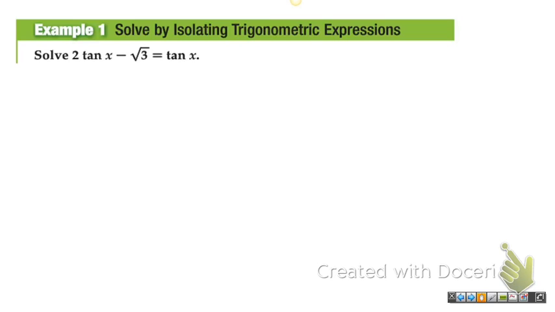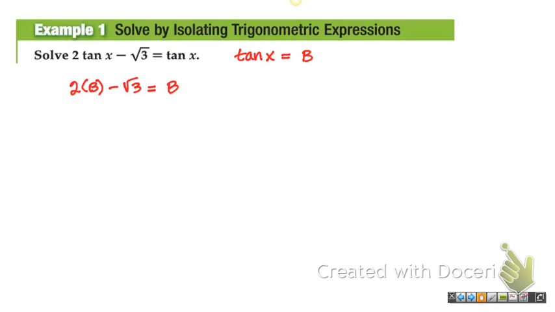So let's look at the first equation. It says solve 2 tangent x minus the square root of 3 equals tangent x. If I was doing this and it was just algebra, I might let tan x equal b. Then this equation becomes 2b minus the square root of 3 equals b.